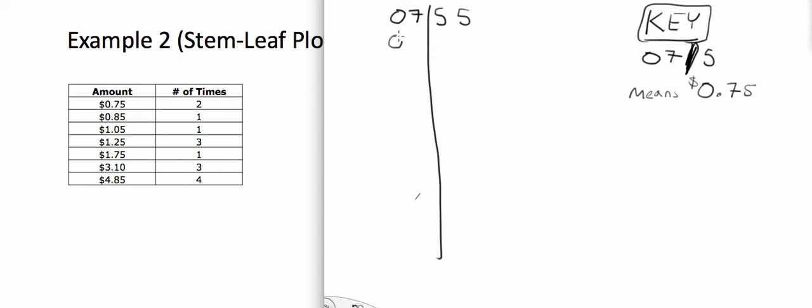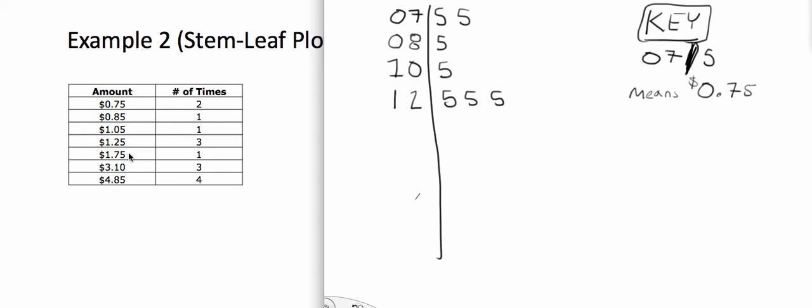I've got then 0, 8. That shows how many times? And then we've got the 5 here. That shows up how many times? Just 1. We've got 1, 0, and I put in a 5. So that means $1.05. That shows up once. We've got then 1, 2, and then we've got the 5, 5, 5, because it shows up 3 times.